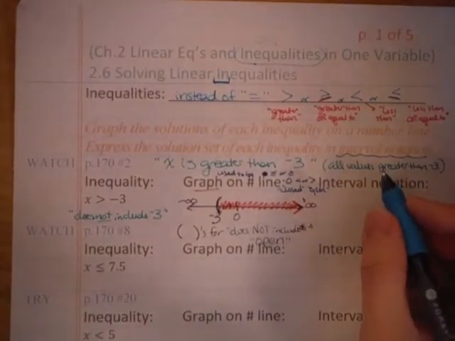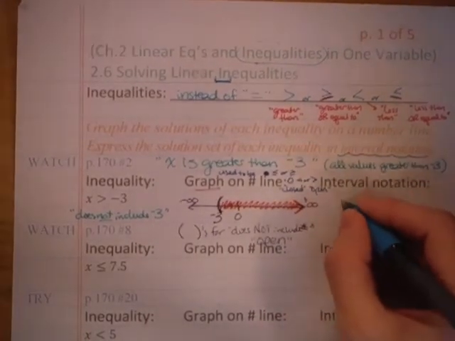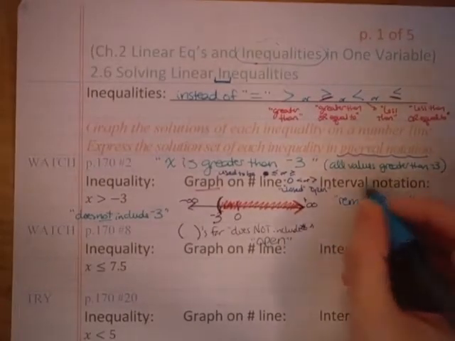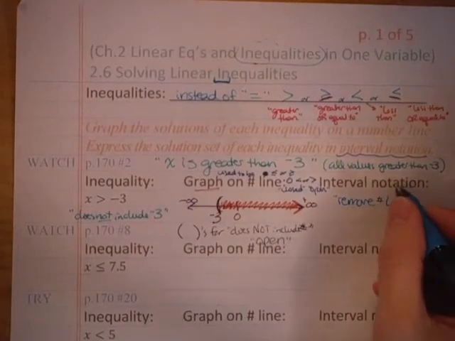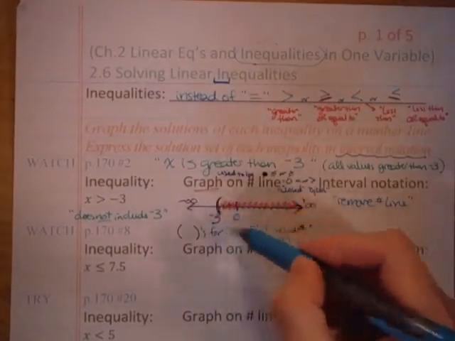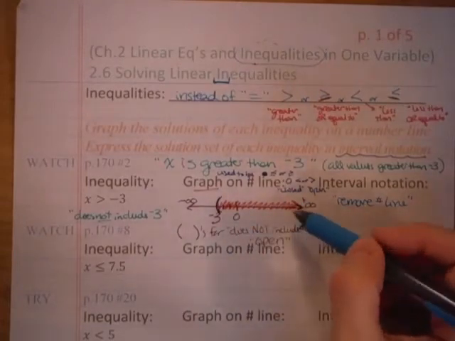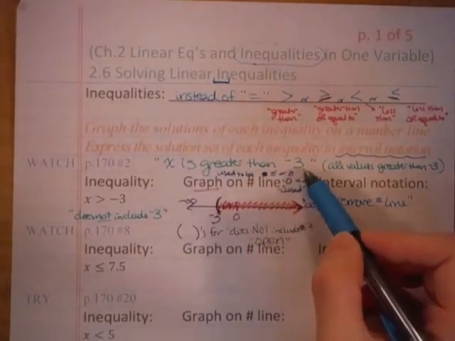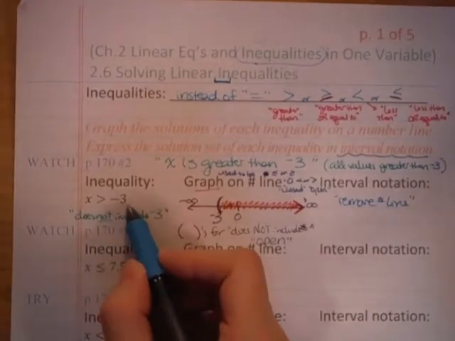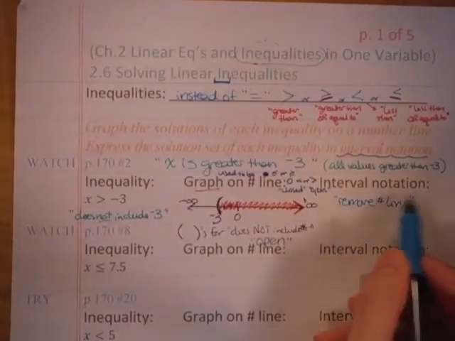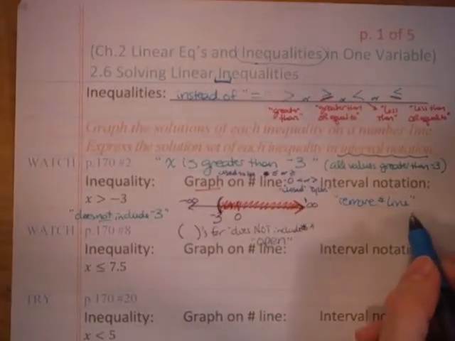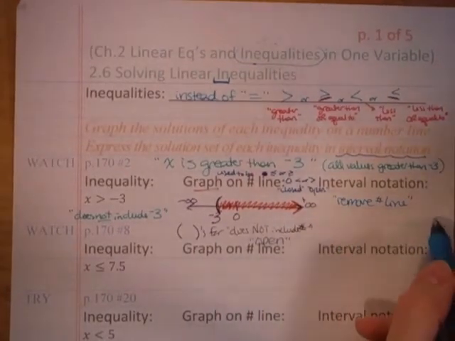Now, what does that mean for interval notation? It's basically where you remove the number line and write what you see. Interval notation is a way to type the description here using math symbols only. So instead of using the words x is greater than -3, instead of using the inequality symbols, interval notation is a way to show what's happening on the number line without having to draw the number line itself.